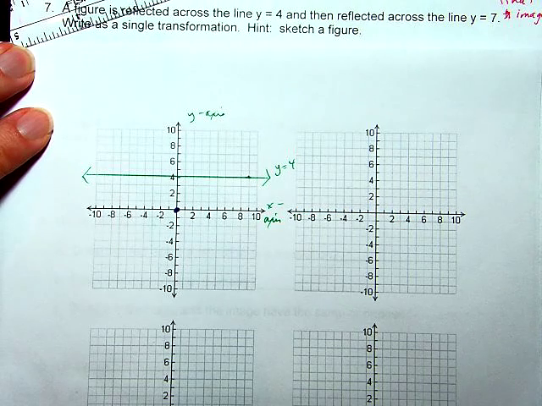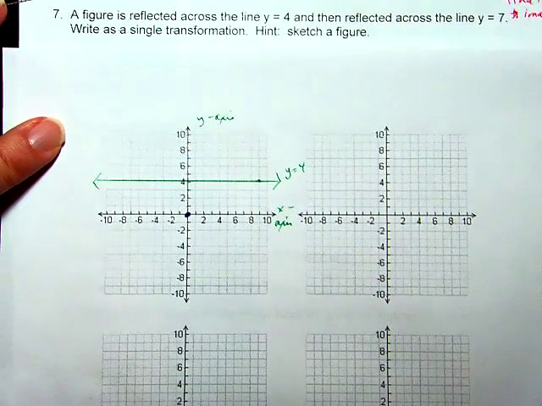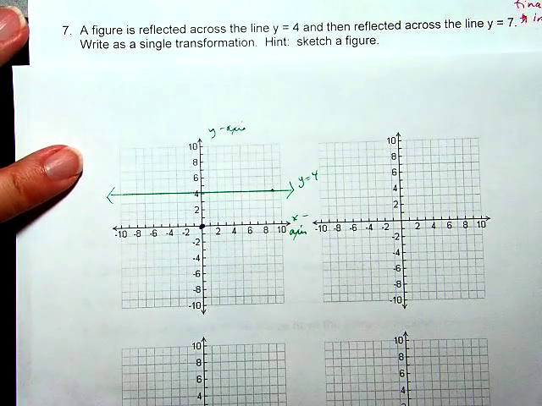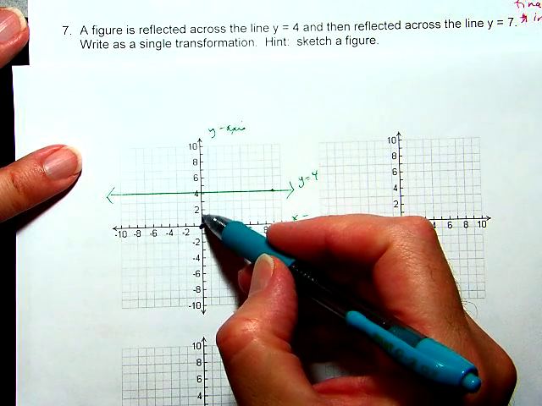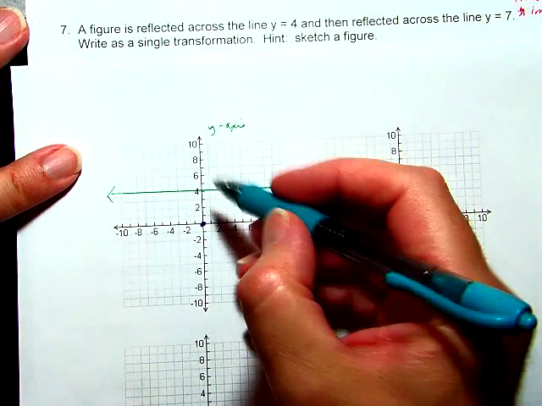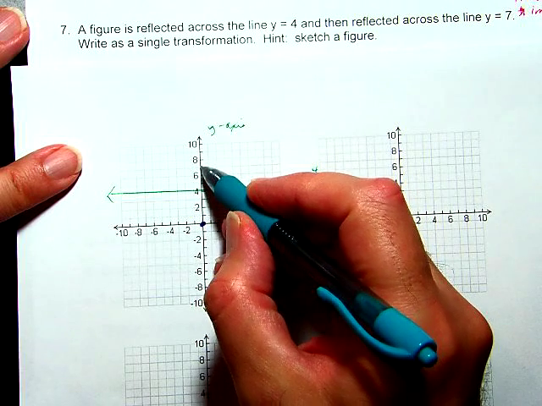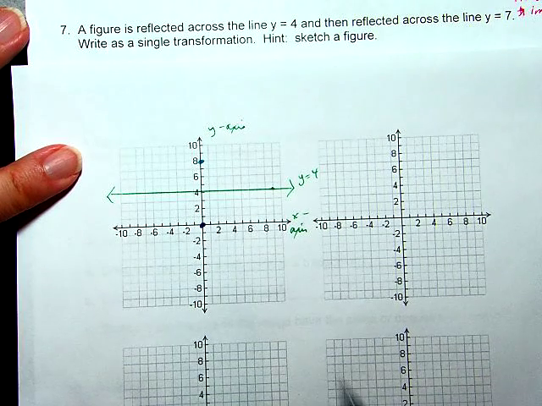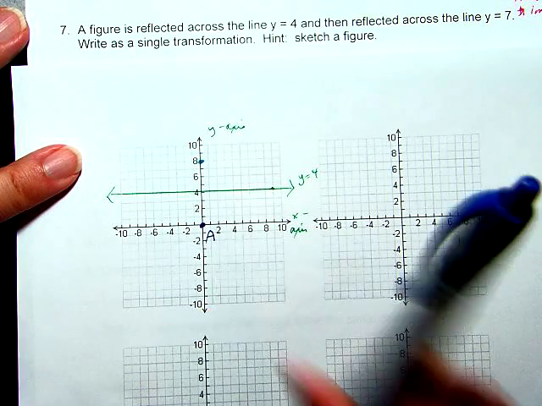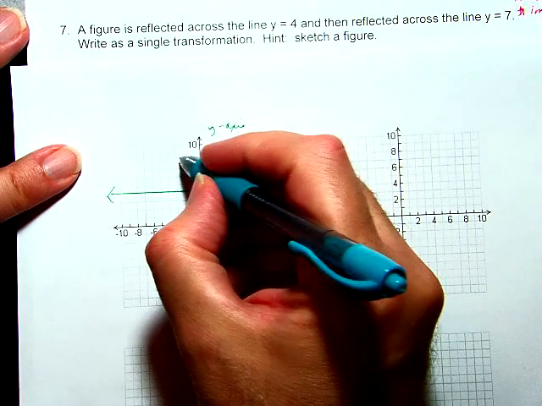Let us reflect this point at the origin over the line y equals 4. It is 1, 2, 3, 4 below it, so the reflection is going to end up 1, 2, 3, 4 above it. Let's label our initial point A. This is going to be A prime.